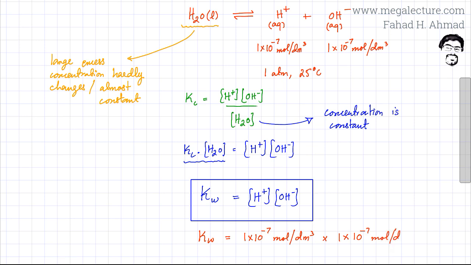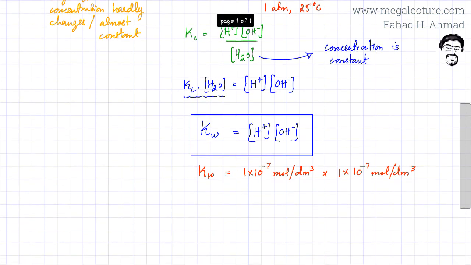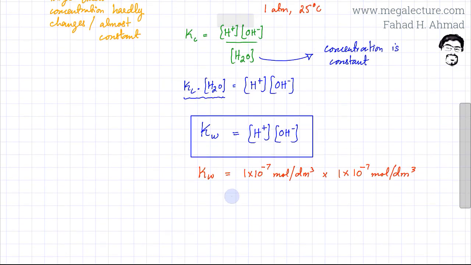And the answer that I'm going to get is going to be 1 into 10 raised to the power minus 14 mole squared. Focus on the unit as well. So this would be the unit for Kw.